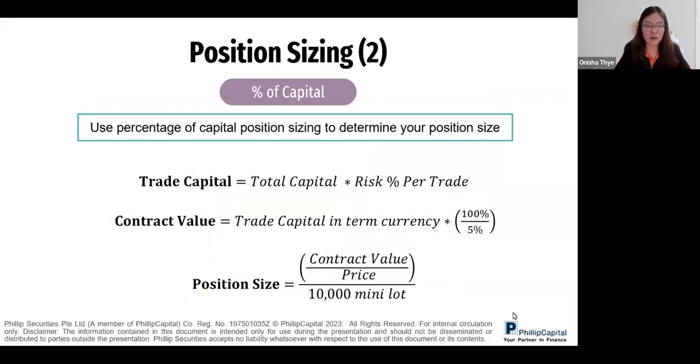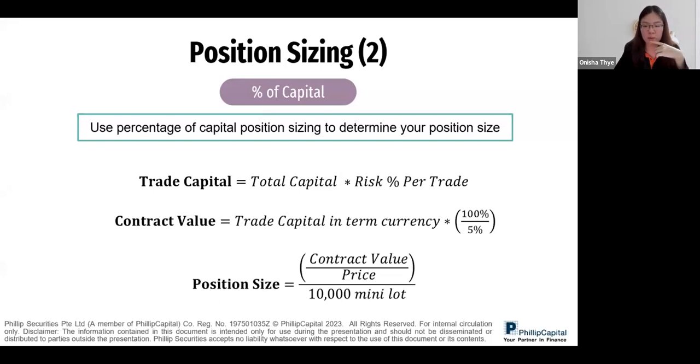This is the formula you need: your total trade capital, the percentage of risk you are willing to take, and then the contract value in terms of the term currency. We find it using the 5% margin, because all of our FX CFDs have 5% margin. That's how you find your position size.